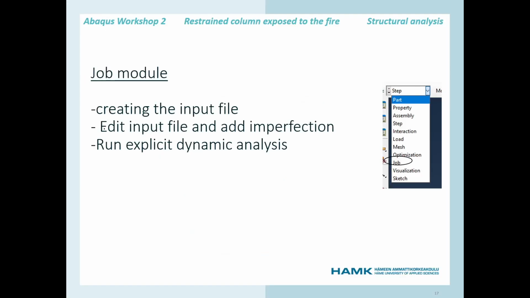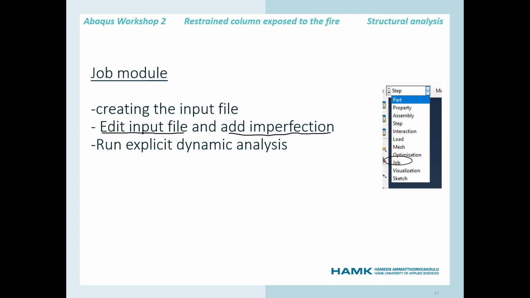So we need to modify this input file. We need to edit the input file, add imperfections there, and then rerun another analysis. In order to do so, we need to open those files in Notepad and edit them.